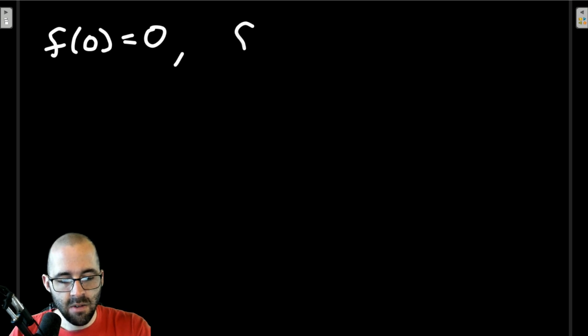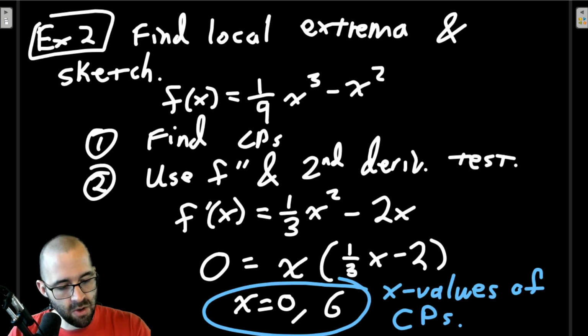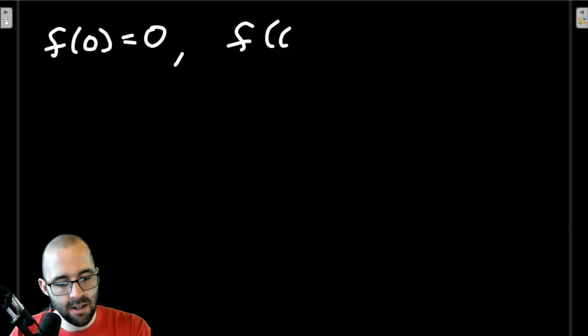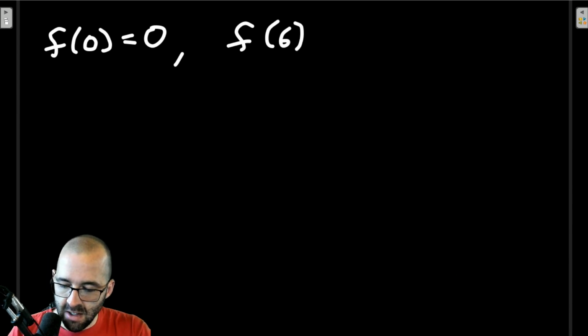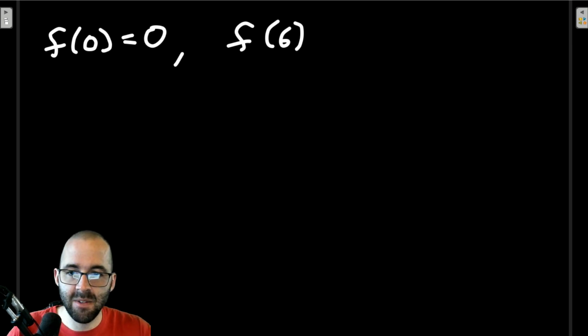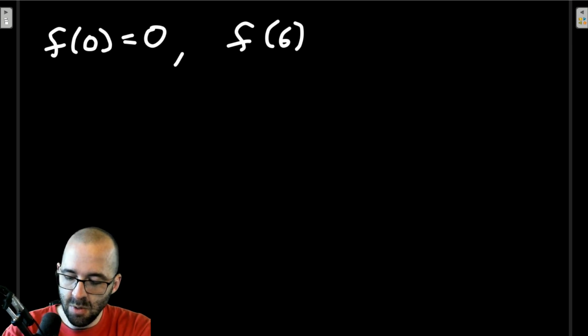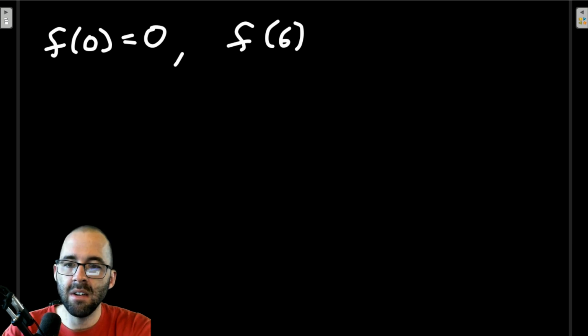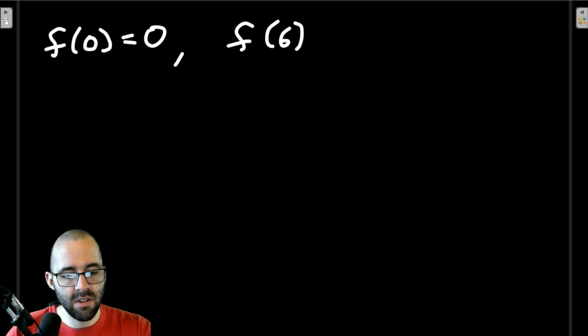At the other critical point, when x is equal to 6, we have 6 cubed divided by 9 minus 6 squared, which is negative 12. I got to use a calculator on this one.